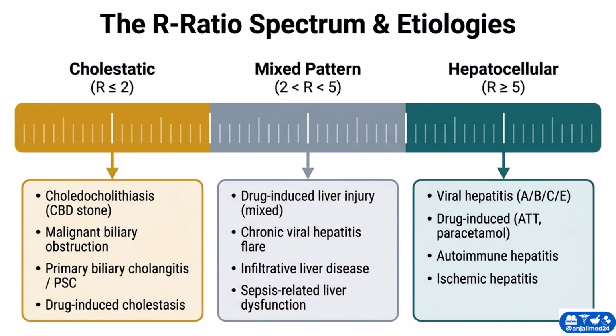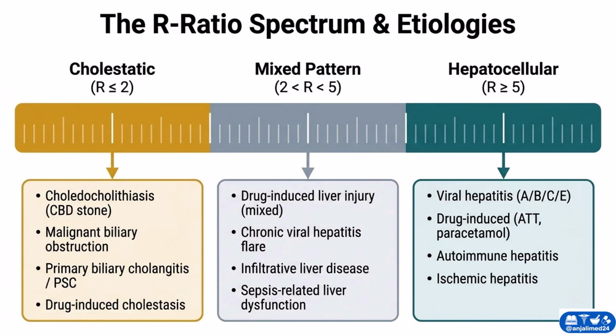Finally, if the R ratio is 5 or greater, the pattern is hepatocellular. Here, the primary injury is to the liver cells themselves. Typical causes include viral hepatitis A, B, C, or E, drug induced liver injury such as anti TB therapy or paracetamol toxicity, autoimmune hepatitis, and ischemic hepatitis. In these patients, viral serology, autoimmune markers, and medication history become especially important.